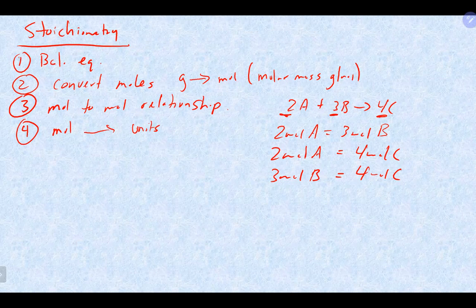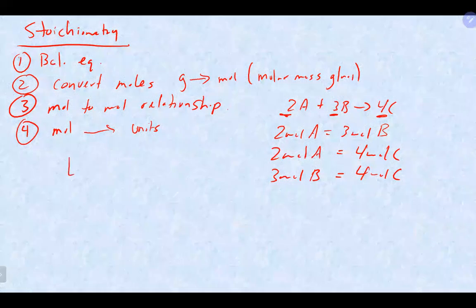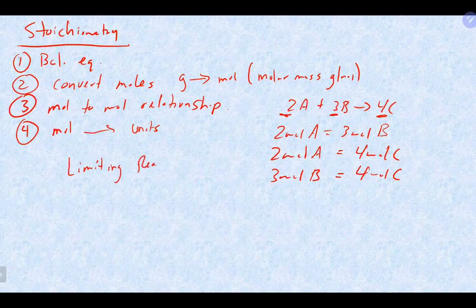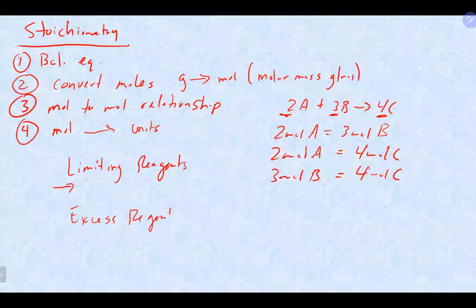We talked, very briefly there at the end as well, about the idea of limiting reagents, and excess reagents go with them as well. They are also sometimes referred to as limiting reactants and excess reactants.